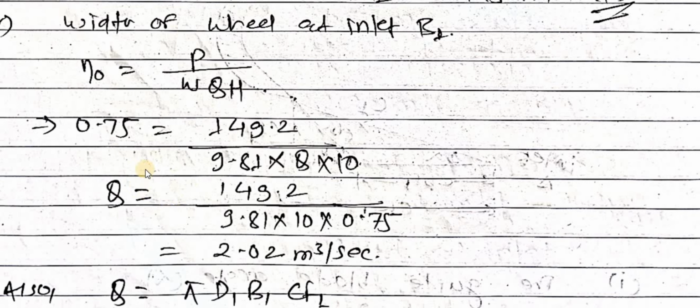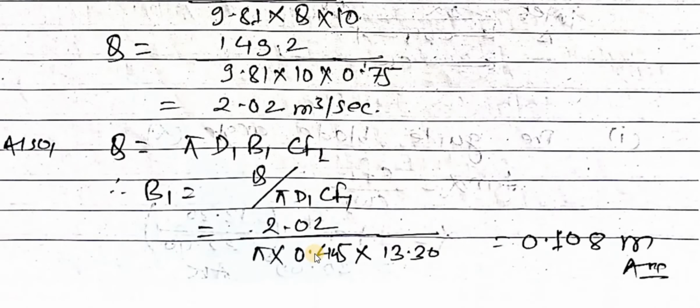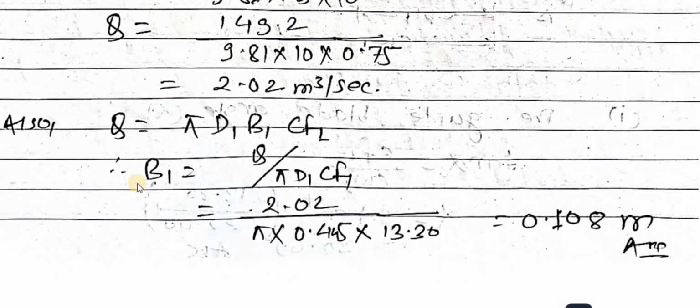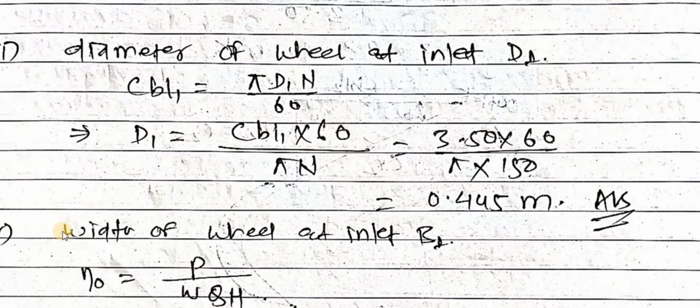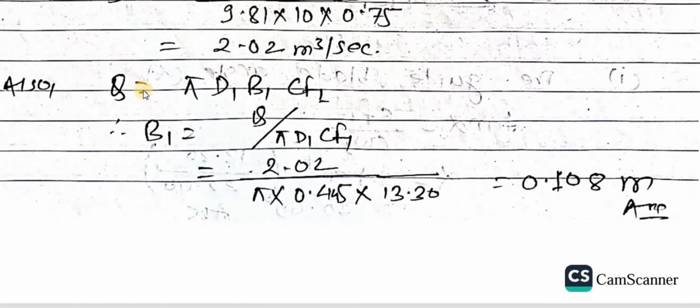By simplifying this, we get the value of Q as 0.20 meter cube per second. And we know Q equals pi D1 B1 Cf1, and we have to find the value of B1, the width of the wheel at inlet. Putting in the values of Q, D1, and Cf1, we get the value of B1, that is 0.108.